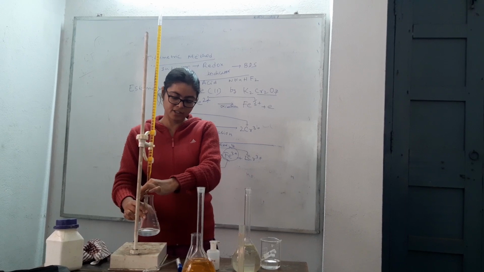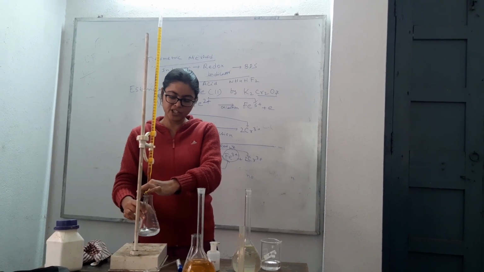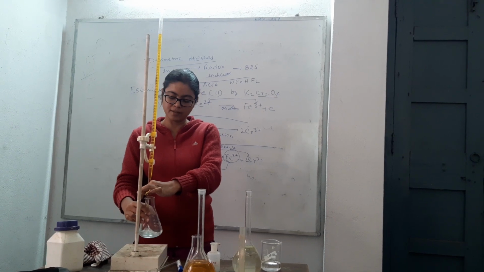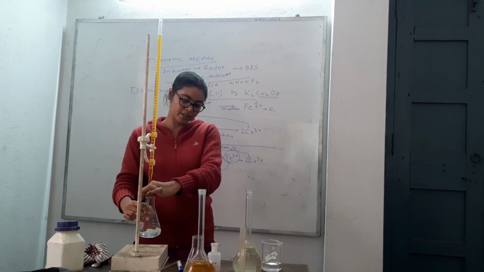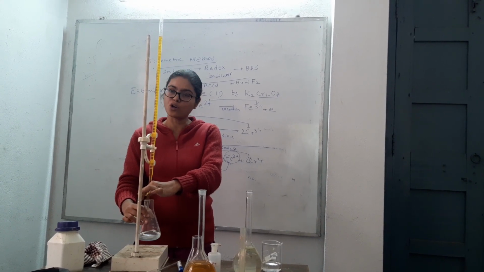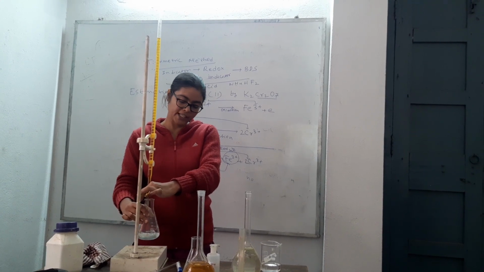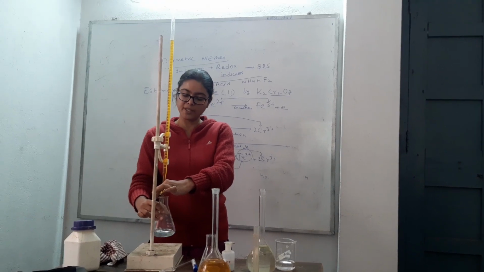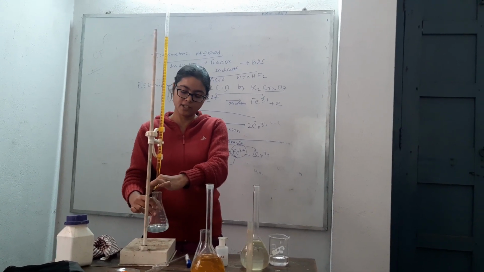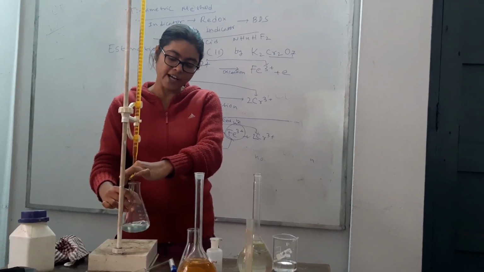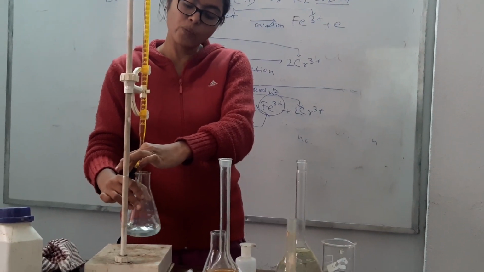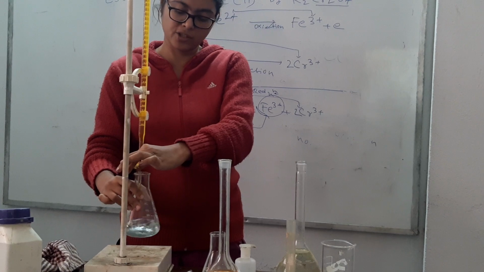So we are expecting some color change here. Okay. Already the local color is coming. I don't know if you can see it in the video, but a local color is coming here. And whenever some local color is coming, then we are sure that we are on the right way. So we are waiting for the full color change.